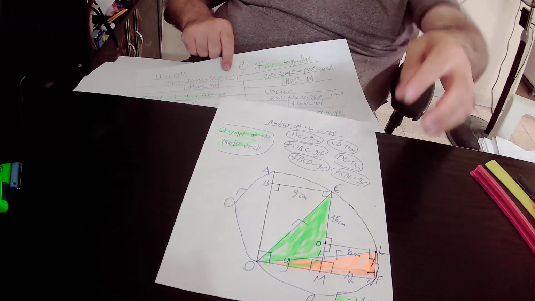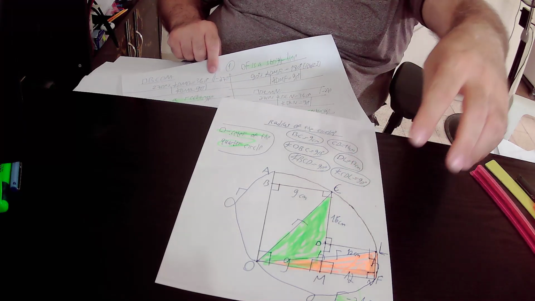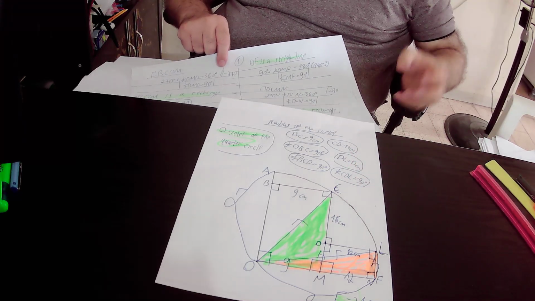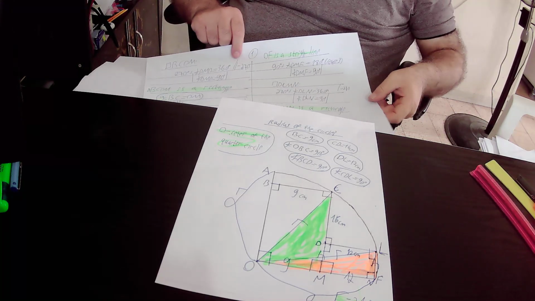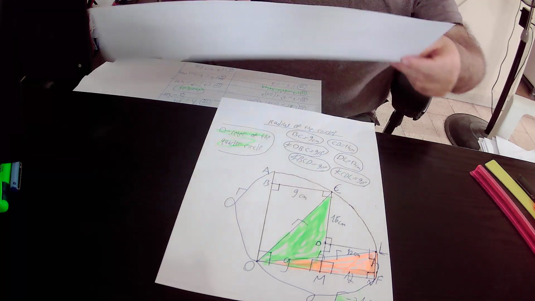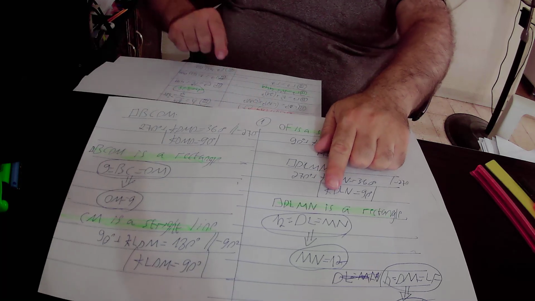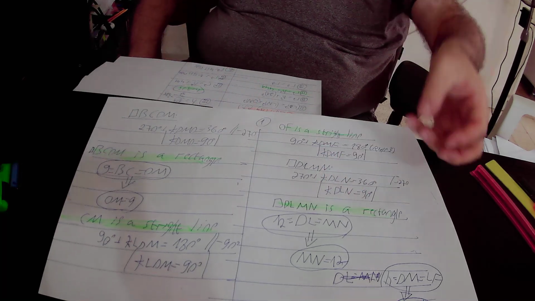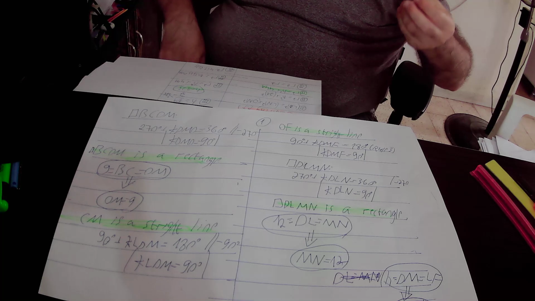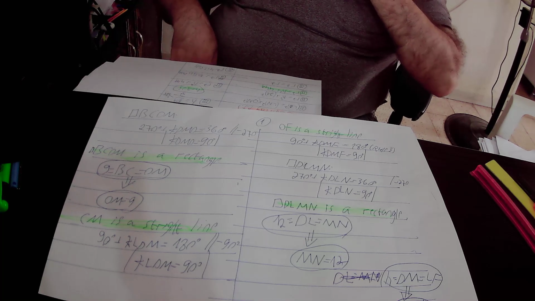So we actually found out that inside quadrilateral DLMN we have 4 right angles, and any quadrilateral that has 4 right angles must be at least a rectangle, if not a square. So we relate to quadrilateral DLMN as a rectangle. Why? Because it has 4 right angles. And we also know that the opposite sides of a rectangle are equal to each other.